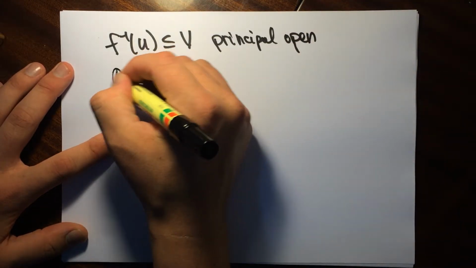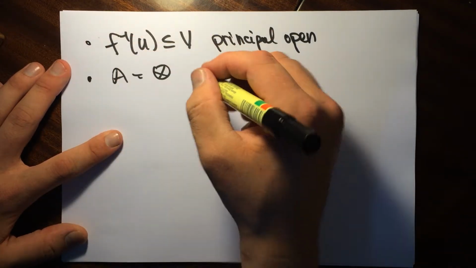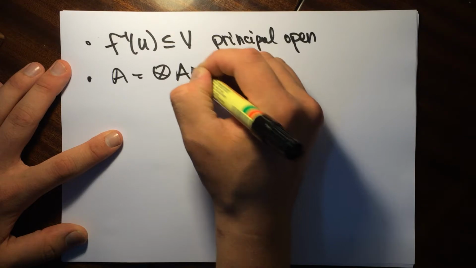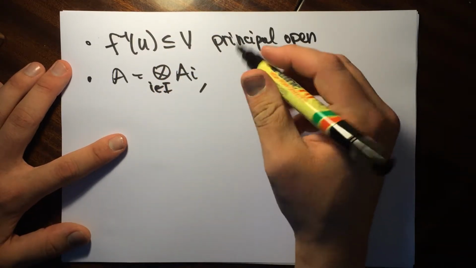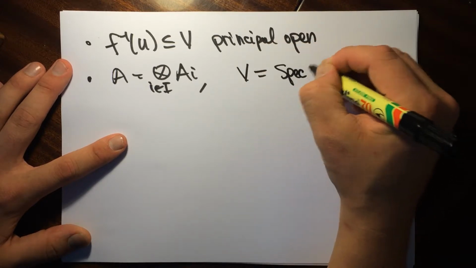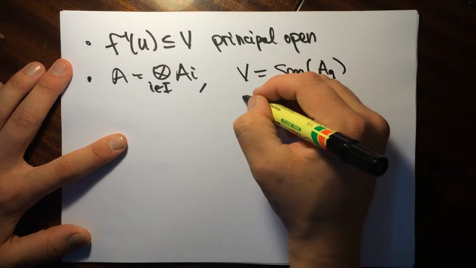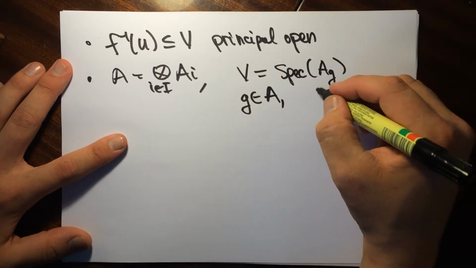This is an open subset given by localization of a single element. So let A be equal to these tensor products of these Ai's. Then this V looks like Spec of A_g for g an element of A. This is a principal open subset.